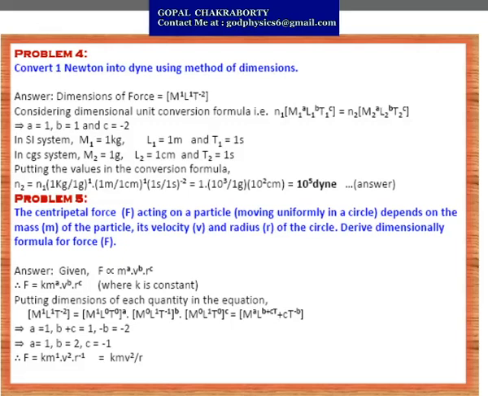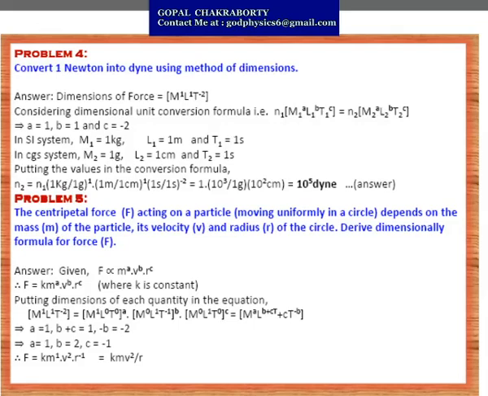Now as it is given, you know that a equals 1, b equals 1, and c equals minus 2 as per the dimension of force. So in SI unit, M1 equals 1 kg. In CGS, M2 equals 1 gram. L1 equals 1 meter in SI, and T1 equals 1 second. In CGS, L2 equals 1 centimeter, T2 equals 1 second.